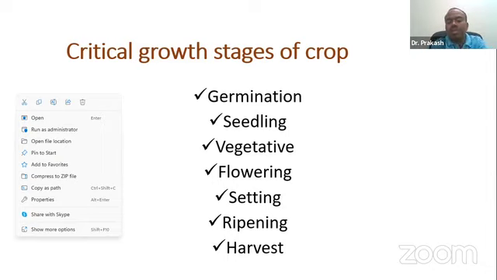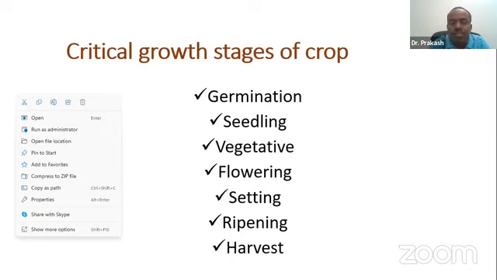These are the critical growth stages, and during these stages, water requirement as well as nutrient requirement is higher. So we cannot skip these stages. We cannot give stress of nutrients or water during these stages.